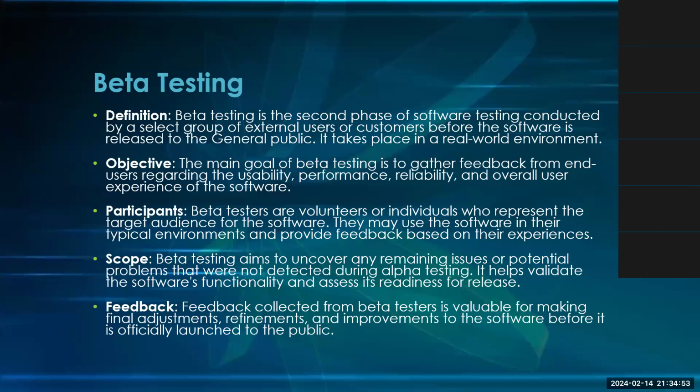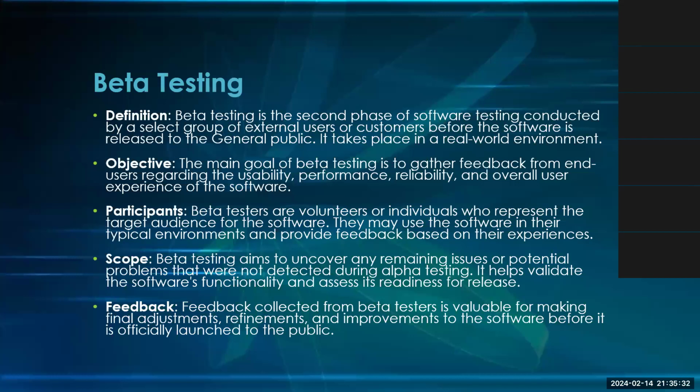The feedback collected from the beta testers is valuable for making final adjustments, refinements, and improvements to the software before it's officially launched to the public. So this phase of testing, conducted by a selected group of external users or customers before the software is released to the public, is aimed at gathering feedback after the phase of alpha testing is done.